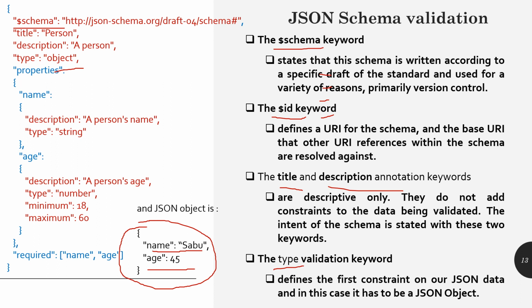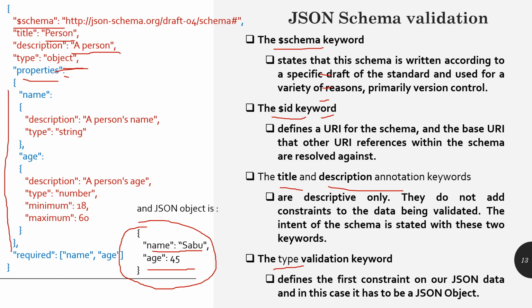So title is a person. Description, it describes about a person. This is of type JSON object. This is of type object. Now we need to specify the entire thing. We need to specify the name, then colon, entire value we need to specify.